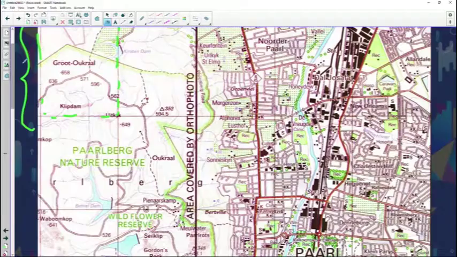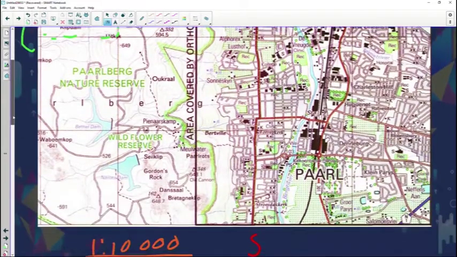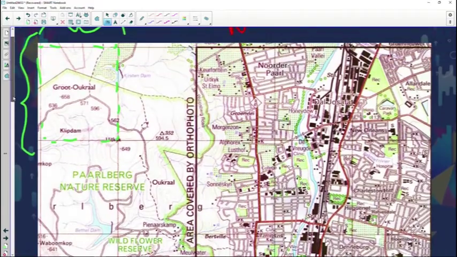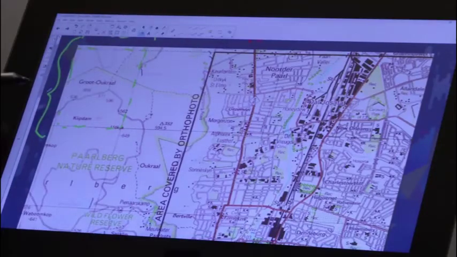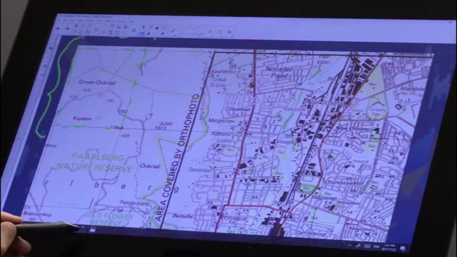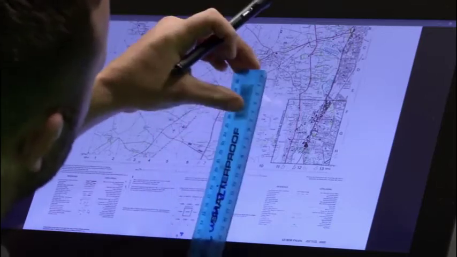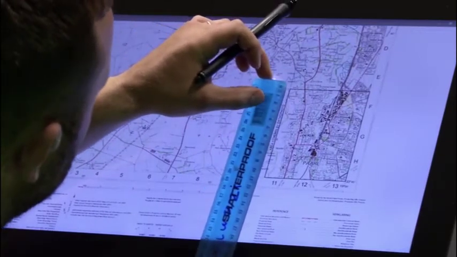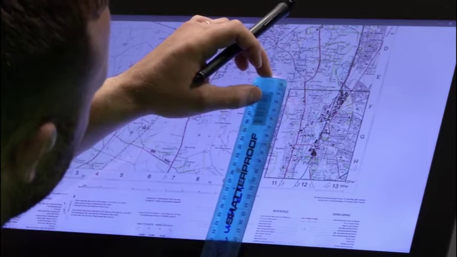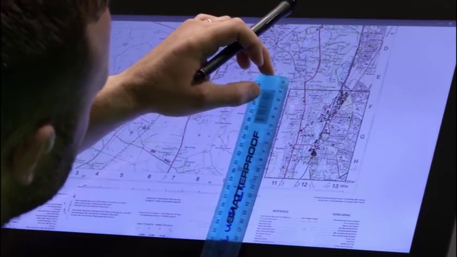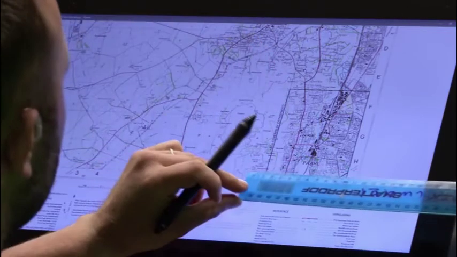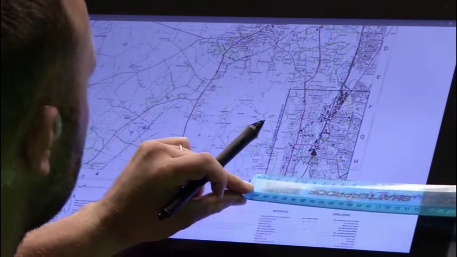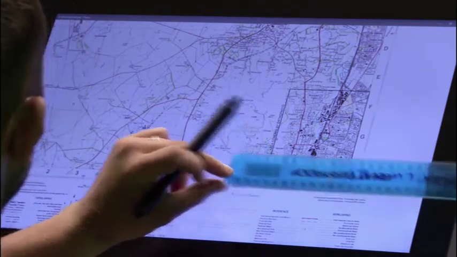If we look at the area covered by the autophoto, let's quickly measure this distance over here. Okay, we won't be able to, but let's go to the map quickly and try it from there. So we measure the length. As you can see, the length is 10.5 centimeters and the breadth is 8.5 centimeters.